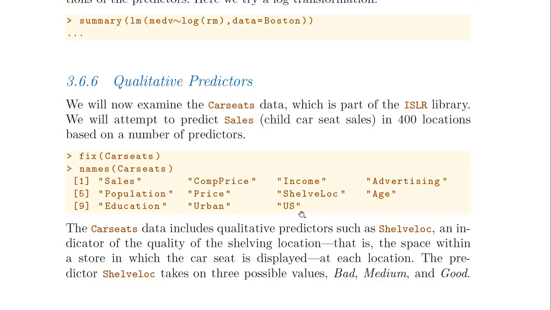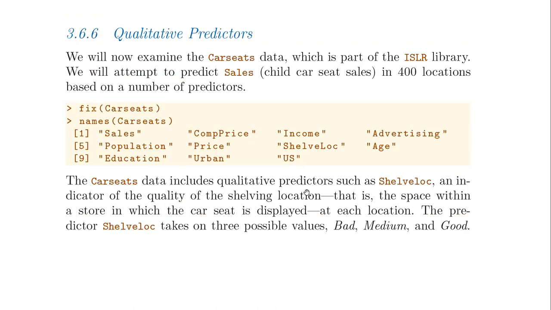Okay, I'm skipping to this section. Qualitative predictors. We will now examine the car seats data, which is part of the ISLR library. We will attempt to predict child car seat sales in 400 locations based on a number of predictors.